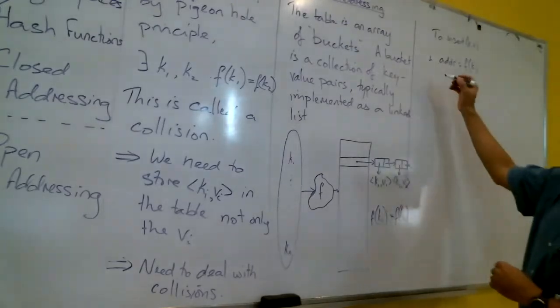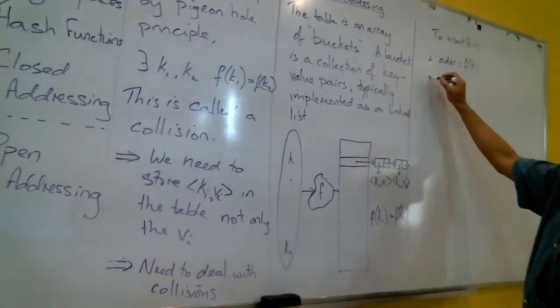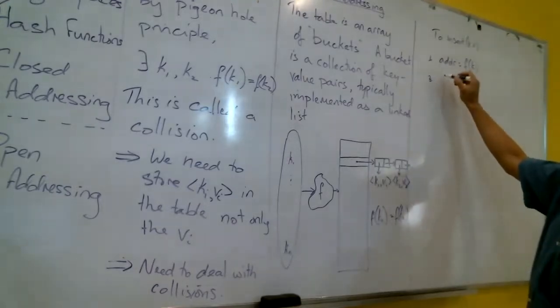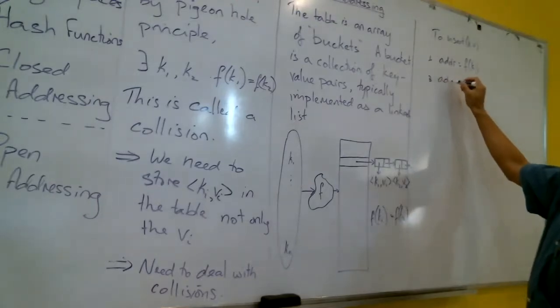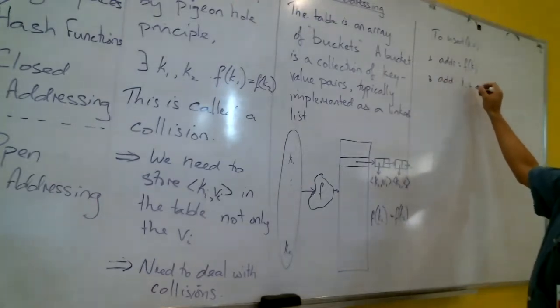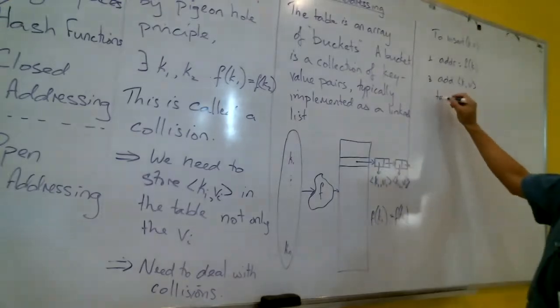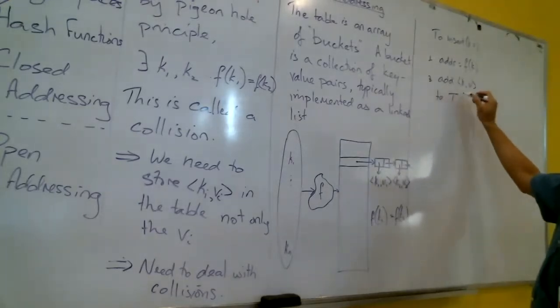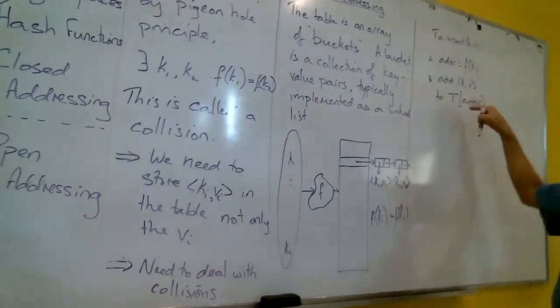And then the next step is to store the pair KV to the entry in the table at that address.